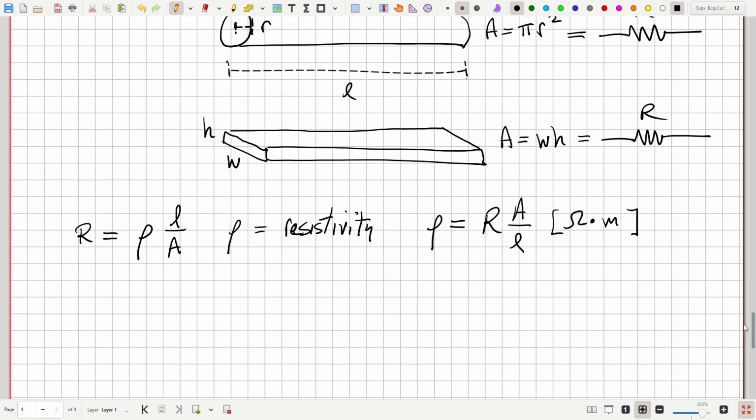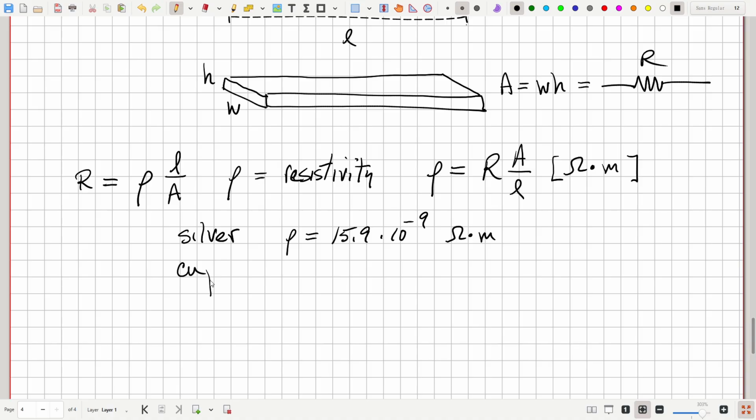All right, so if you do that for different metals, and there's a table of some different metals and water in the PDF notes, you find the best conductor is silver, and that has a rho value of 15.9 times 10 to the minus 9 ohm meters, or you could call that nano ohm meters.